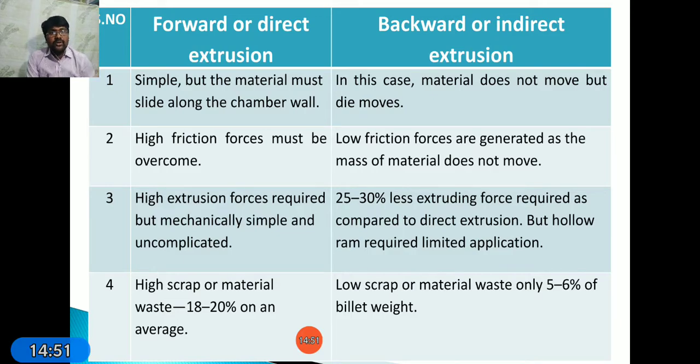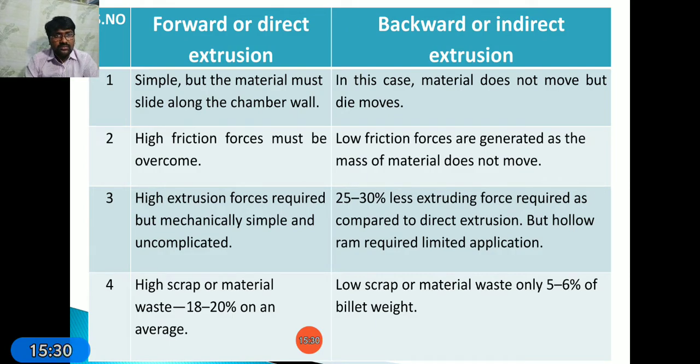Next, the difference between forward and backward extrusion. Forward is simple, but the material must slide along the chamber wall. But in case of backward, the material does not move, the die will move. High friction force must be overcome in forward extrusion, but in backward, low friction forces are generated as the mass of material does not move. High extrusion forces are required, but it is mechanically simple and uncomplicated.